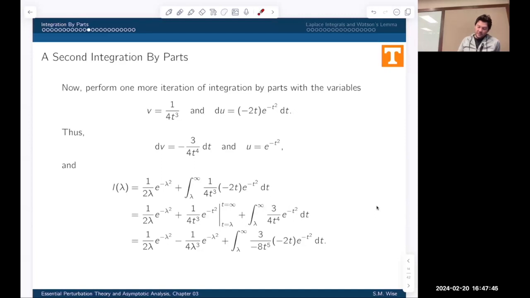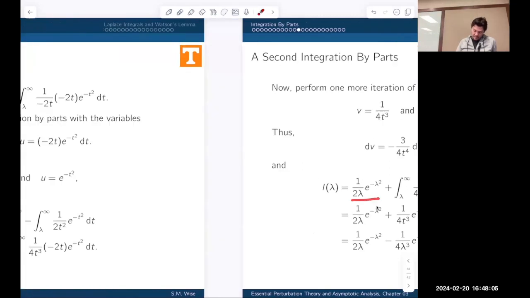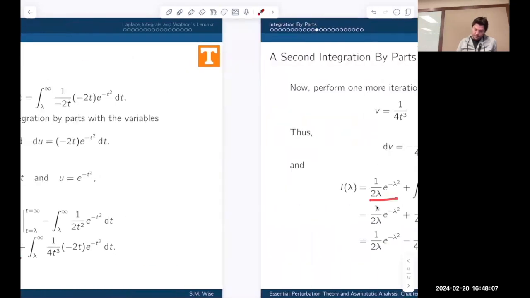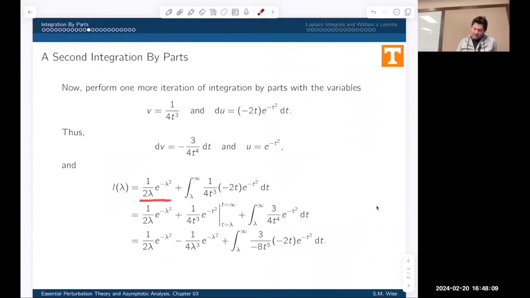So v is equal to 1 over 4t cubed. Du is equal to that exact differential. So dv is equal to minus 3 over 4t to the fourth power, and u is equal to e to the minus t squared. All right, so we leave our first term alone that we derived. And we replace the integral, which is this integral here, with the integration by parts formula.